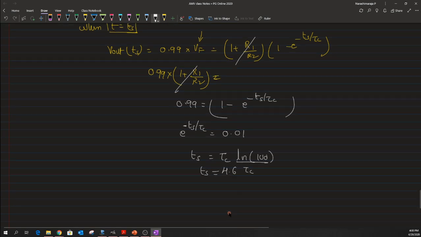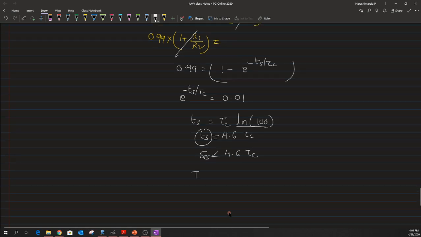And since we want this ts, which is the settling time, to be lesser than 5 nanosecond, we want the quantity on the right side to be something like this. This is the definition that I have written. So hope that you are clear with this.